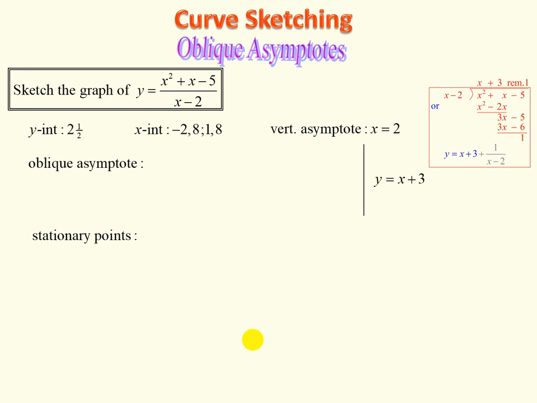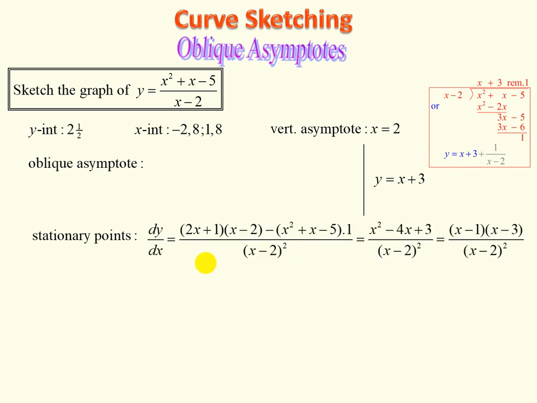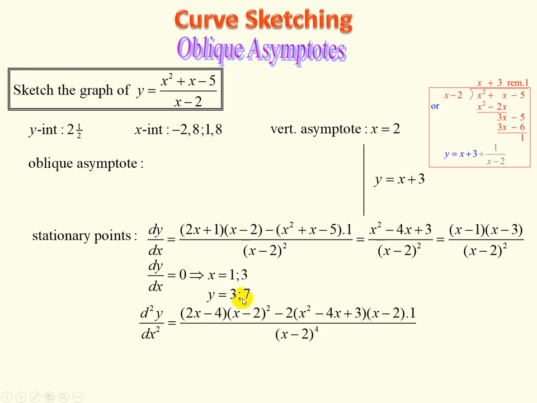Stationary points. Okay, so there's our quotient rule. Equating to 0, we get x equal to 1 or 3 because we need the numerator 0. Y equals 3 and 7 by substituting back into the original.